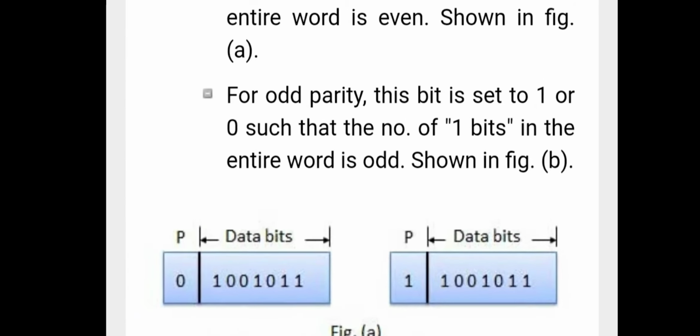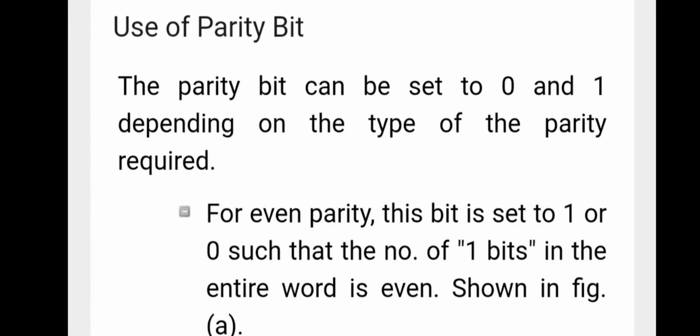Now, what is the use of a parity bit? The parity bit can be set to 0 or 1, depending on the type of parity required.